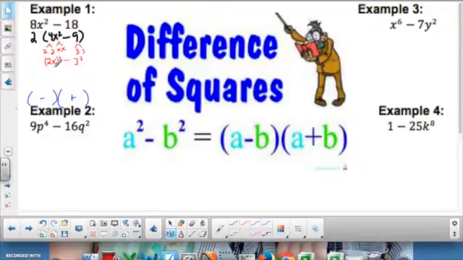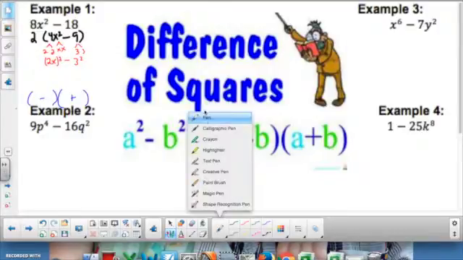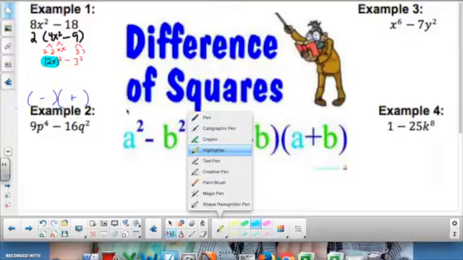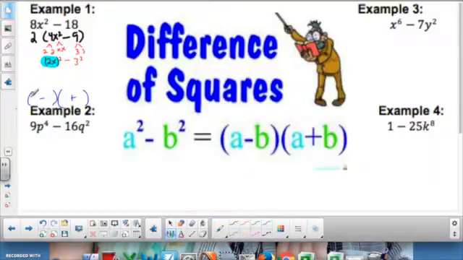Writing it this way makes that super easy. I'm going to switch to highlighter. So my A is going to be 2x. That means I'm going to put that 2x here, and I'm going to put it here.